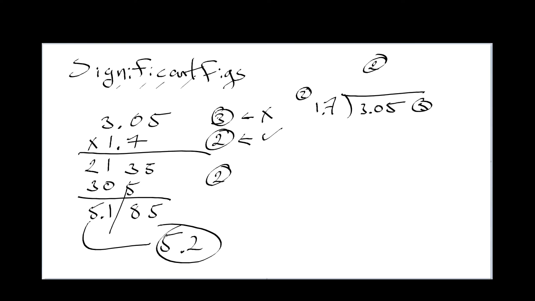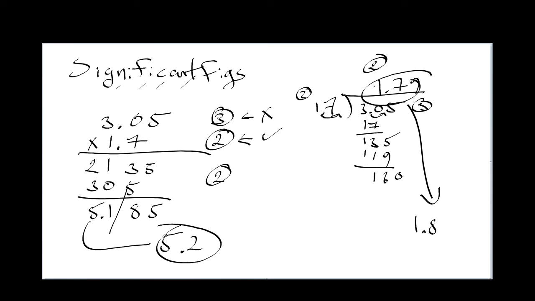It's going to have 2 sig figs, so then you just do your math as normal, and then you round. And that's how you do significant figure math.